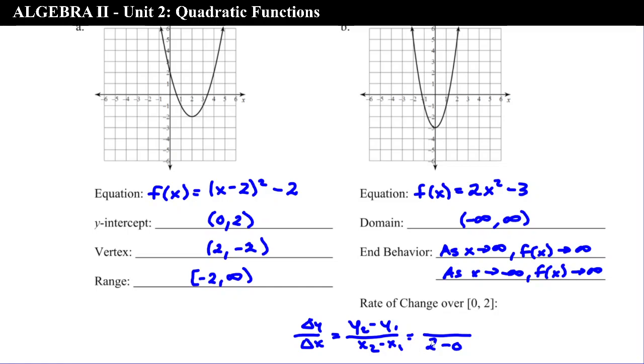Let's find what our y2 that goes with 2 is. So at x is 2, our y is 5. And then when our x is 0, our y is negative 3. And so we get 5 plus 3, which is 8, over 2. So our rate of change is 4.